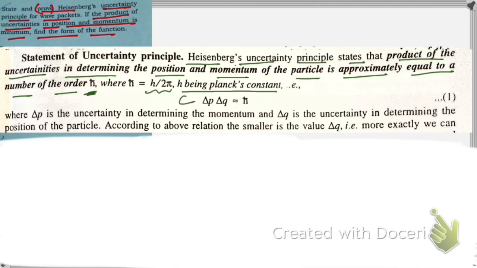This is the expression of the Heisenberg uncertainty principle, and these are the terms. Del p is the uncertainty in the momentum, and del q is the uncertainty in determining the position. Now let's prove this.